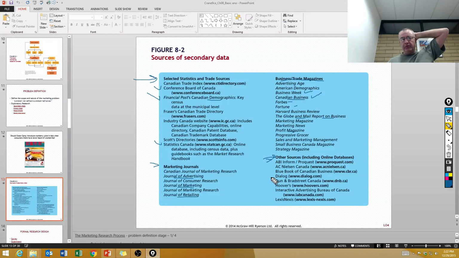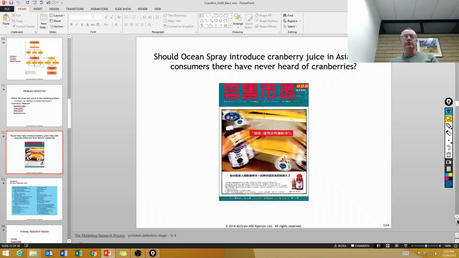So you have professional research companies that go out and compile reports, and then they go and sell them. That's their business. Okay, so we have many potential sources of secondary information that we might use at the exploratory research stage, but we also might collect some primary data at the exploratory research stage.